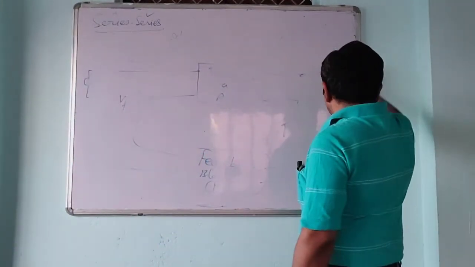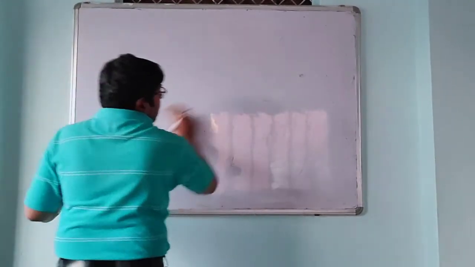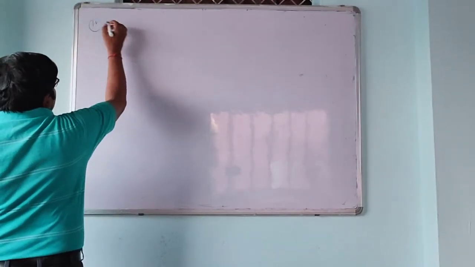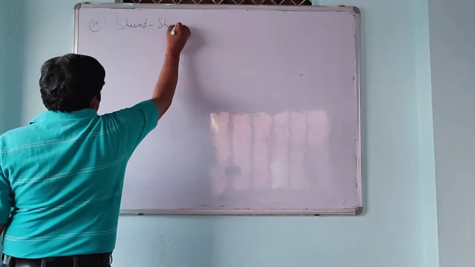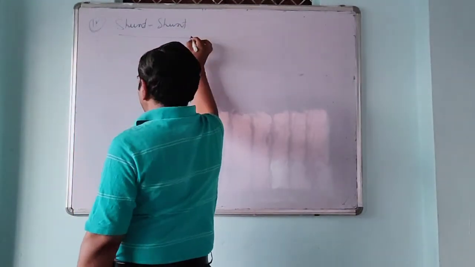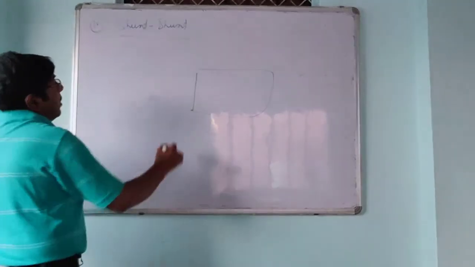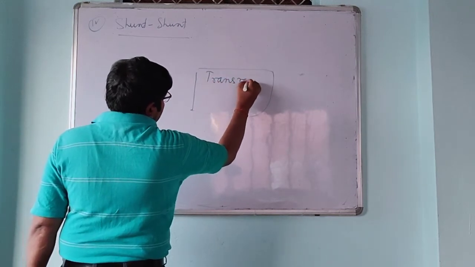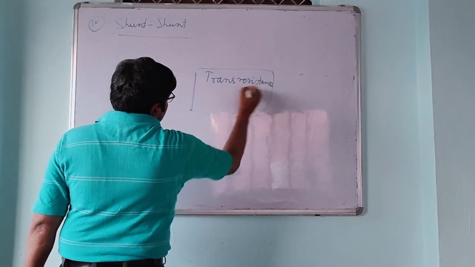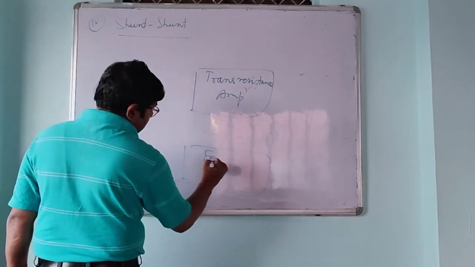for trans resistance amplifier. This is the fourth one. This is called the shunt. So basic amplifier, this is the trans resistance. Basic amplifier is the trans resistance. One feedback block is there.